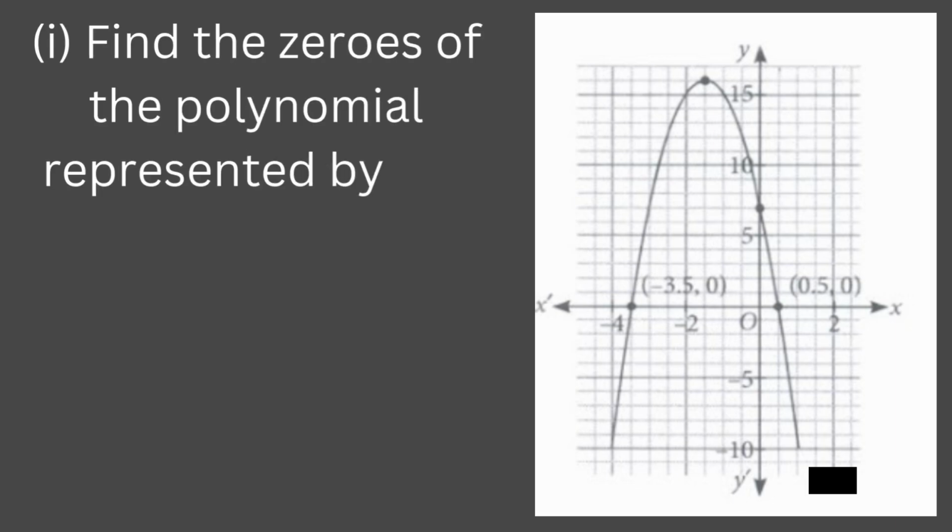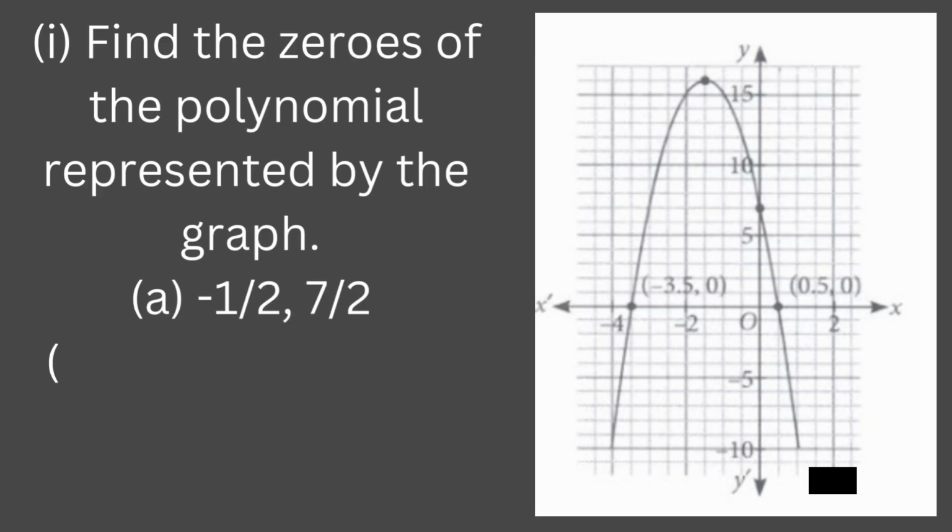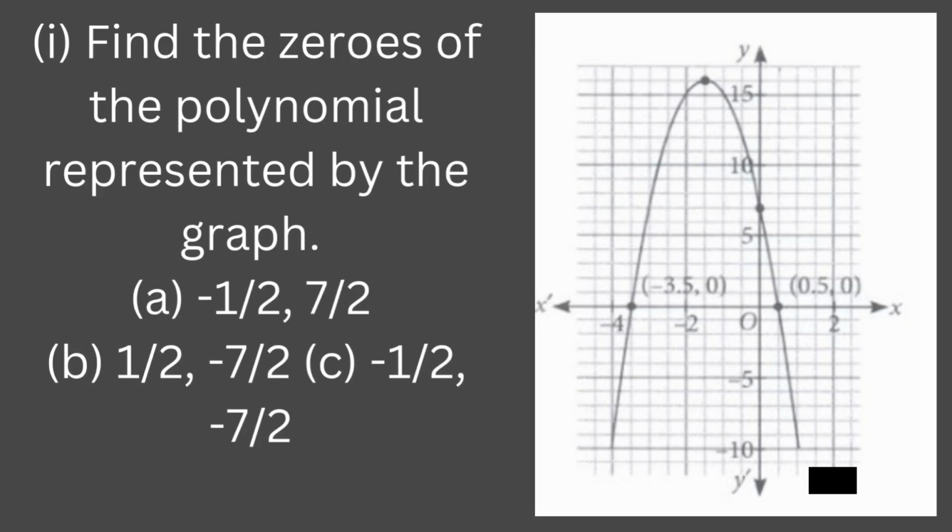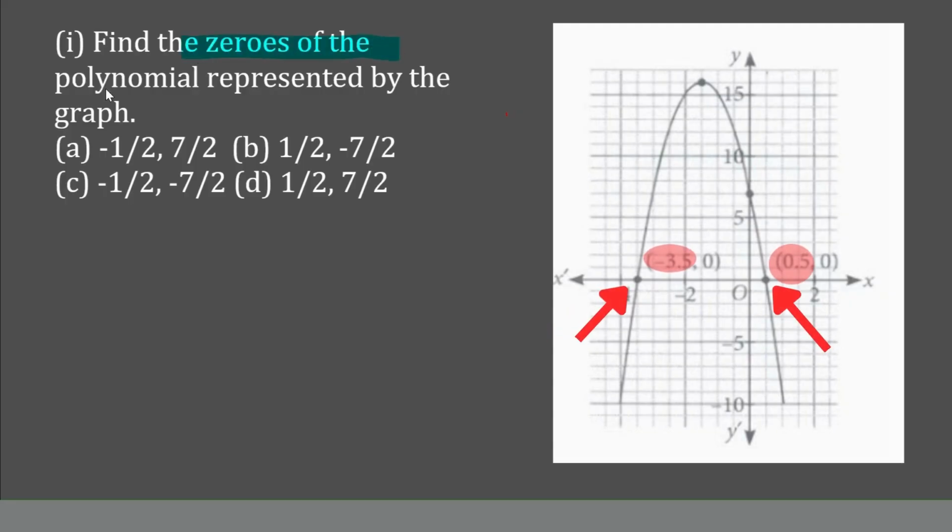Now the first question says: find the zeros of the polynomial represented by the graph, and these are the options given over here. Zeros of the polynomial are the x coordinates of the points where the graph intersects the x-axis.